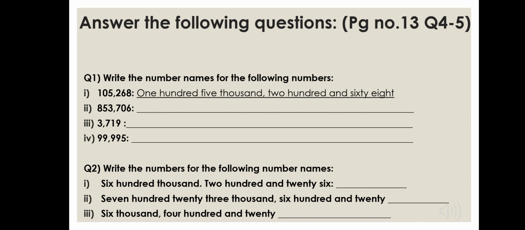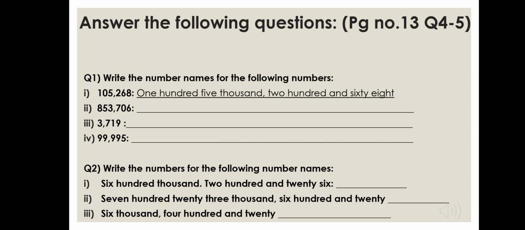Now the part 1 says 105268. Okay, so we know that the number starts from 100,000, moving on towards 10,000, then 1,000, then hundreds, then tens, and then units. So you will write it like 105,268.